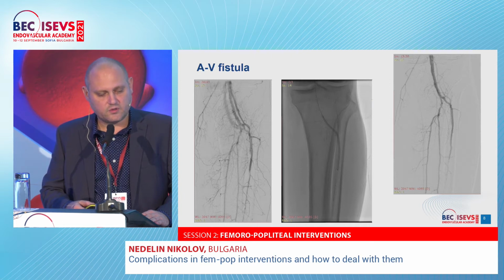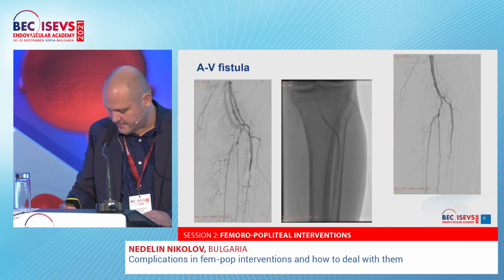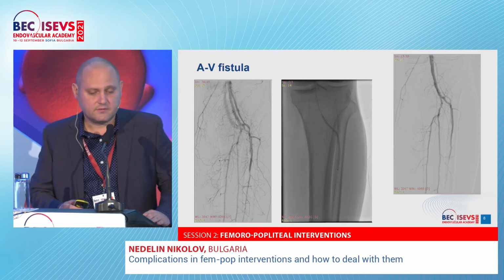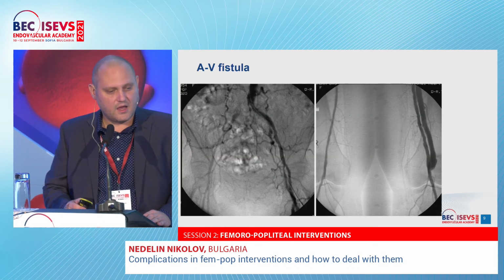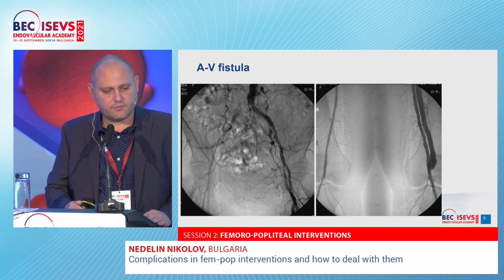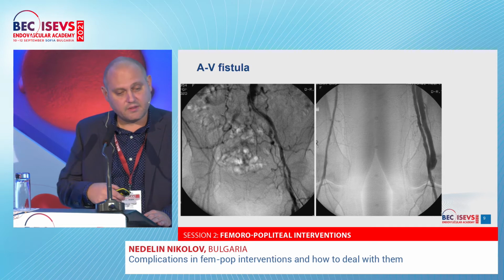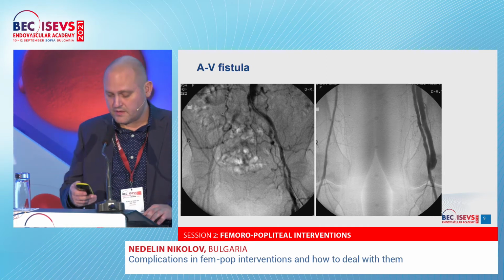The next complication, the most popular one, is the AV fistula. It's usually seen when you do retrograde puncture, as you can see here, and plain balloon angioplasty, long inflation, is enough to solve this problem. Another case of mine, where we chose a direct retrograde popliteal approach. The patient was in one of my first cases, in prone position, but as you can see, several months ago, we found this AV fistula.